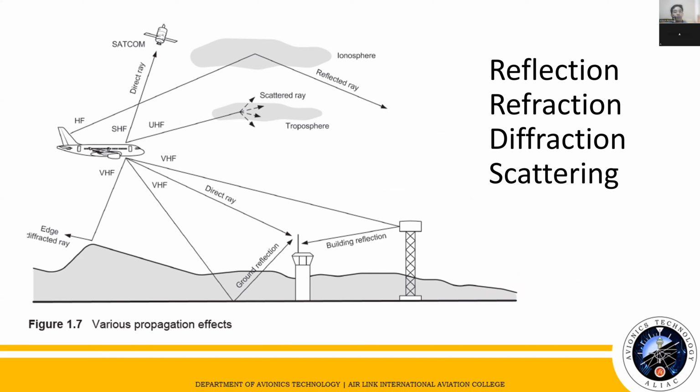Reflection occurs when a plane wave meets a plane object that is large relative to the wavelength of the signal. If you notice from the aircraft, for example, if you follow VHF, it can have building reflection.